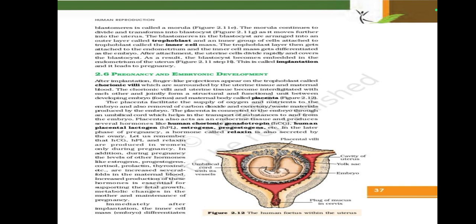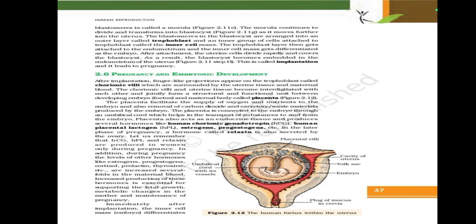The placenta facilitates the supply of oxygen and nutrients to the embryo and also the removal of carbon dioxide and excretory waste materials produced by the embryo. The placenta is connected to the embryo through an umbilical cord, which helps in the transport of substances to and from the embryo.